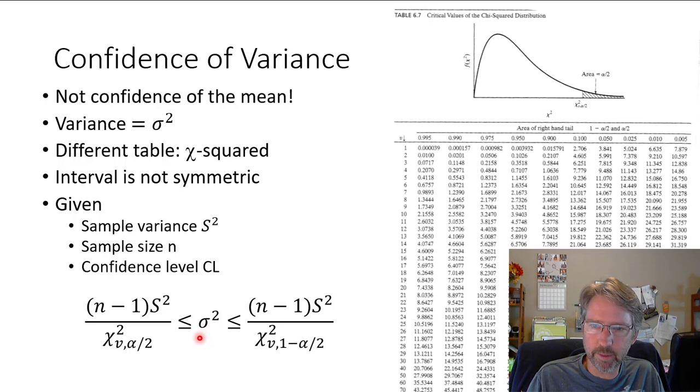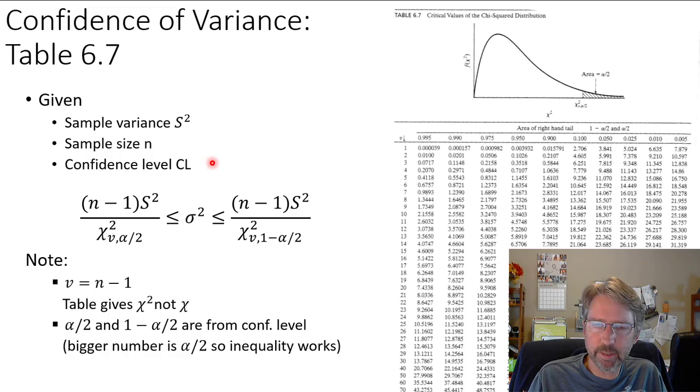So the range of values of variance, the low end is this one, n minus 1 times s squared divided by chi-squared v alpha over 2. And the upper bound has the same numerator, but the chi-squared v 1 minus alpha over 2 level. So these are all from the table.